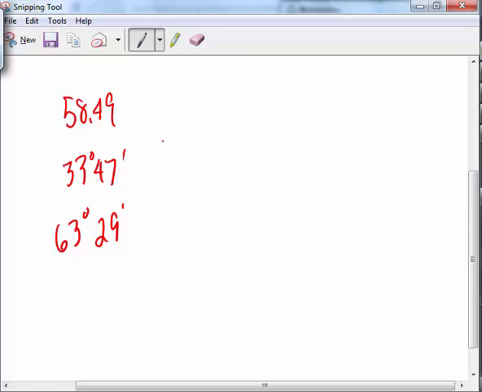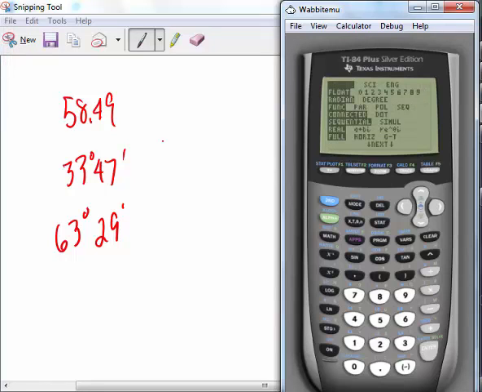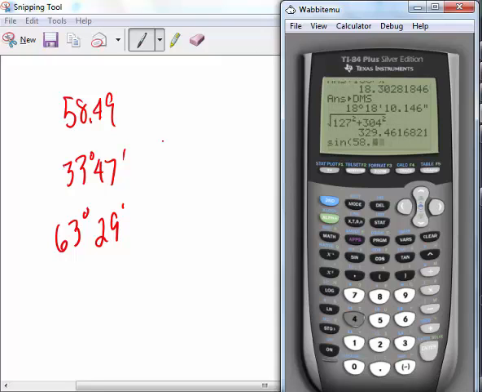Okay, so on our calculator, make sure you are in degrees. I'm going to press mode, and right now I'm in radians, so I have to go to degrees, and then I can press sine of 58.49, which is 0.85.